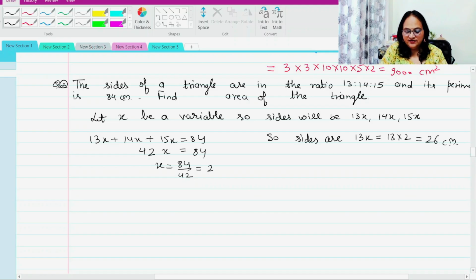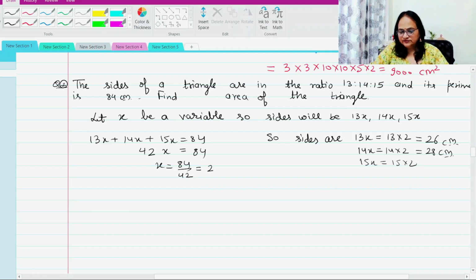Because perimeter is given in centimeter only, that is why I will be taking centimeter. 14x, 14 into 2, 28. 15x, 15 into 2, 30 centimeter.